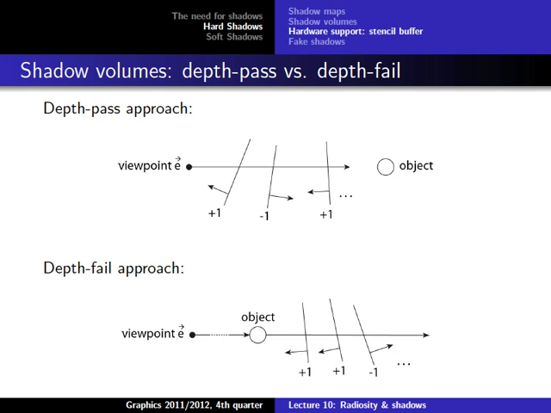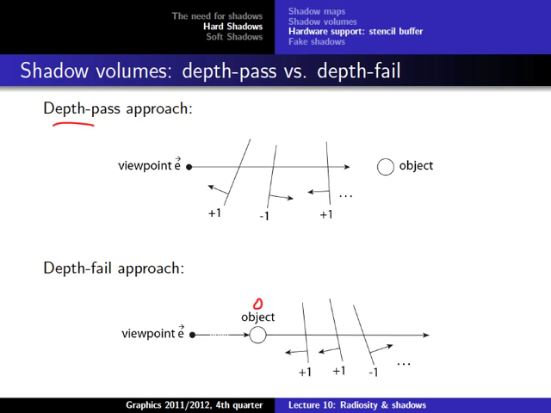So this is called a depth pass because we are passing the depth, and the other is called a depth fail approach, where we go beyond the object, and then again, we start with a counter initialized with 0, and then increase it every time we enter a shadow volume and decrease it every time we exit a shadow volume.